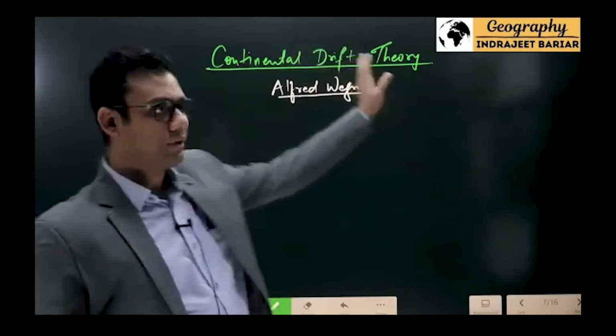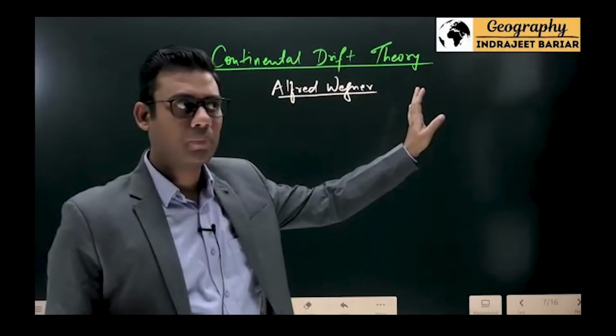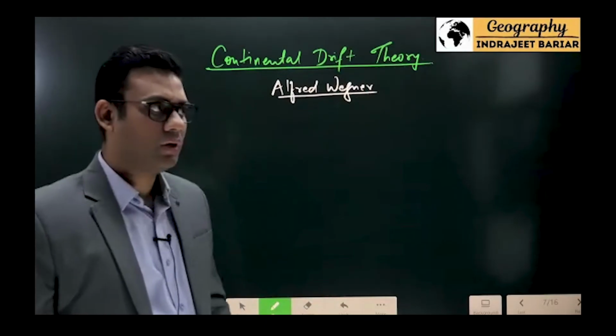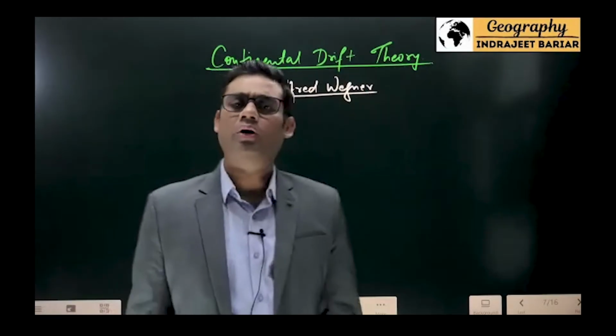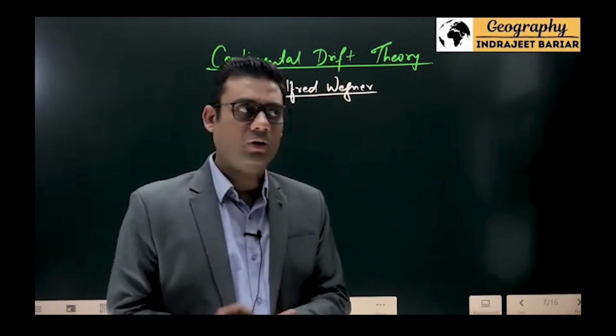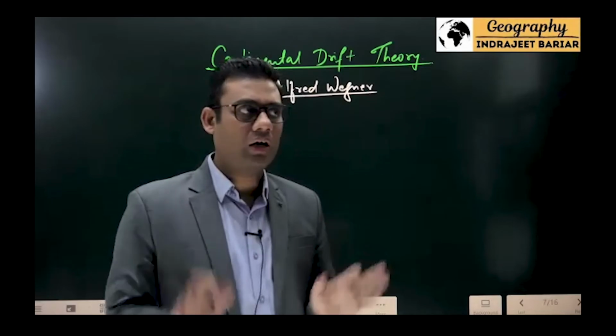That's why it is called continental drift: the continents have drifted. Wegener hypothesizes that at some point in geological history, all the land masses on the earth were joined as one single landmass.